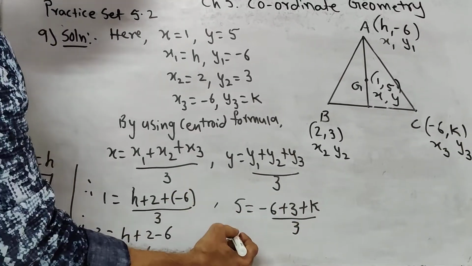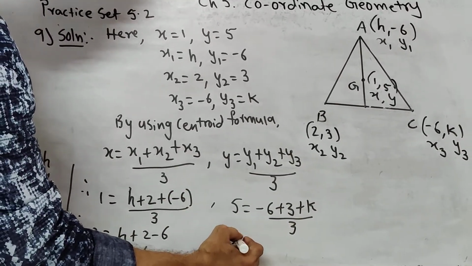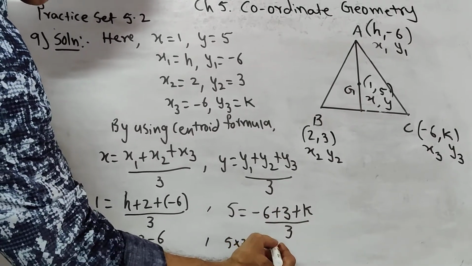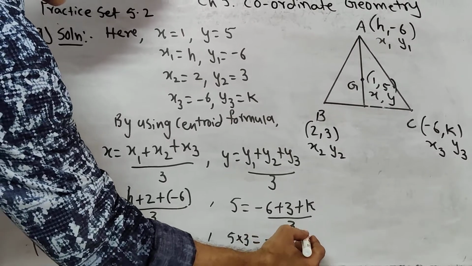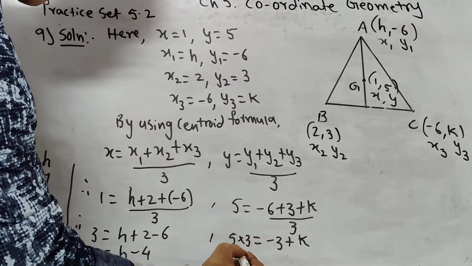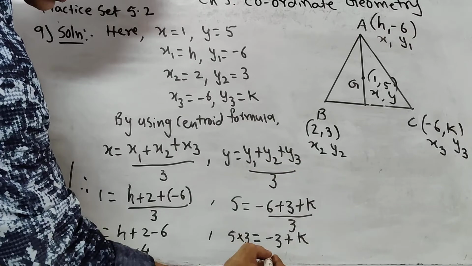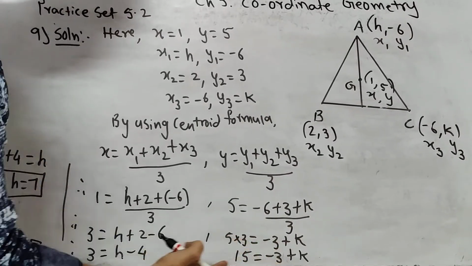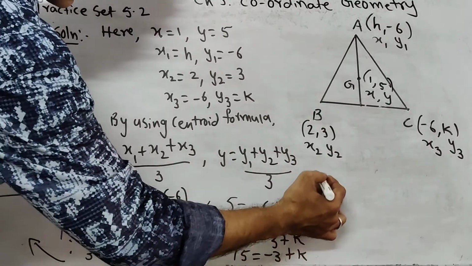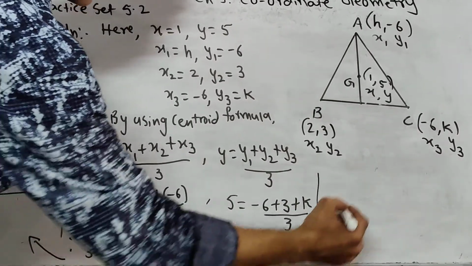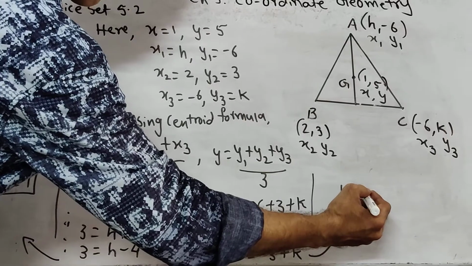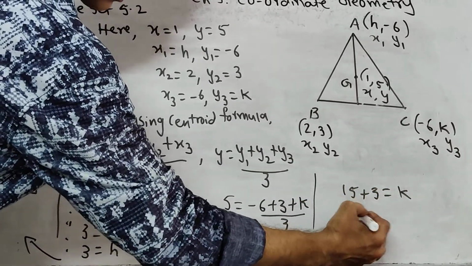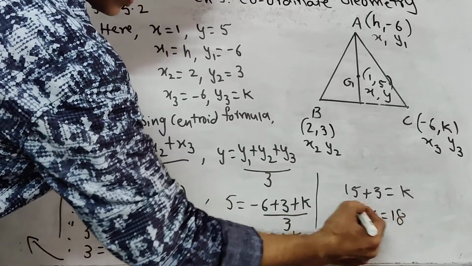It will be multiplied here. 5 into 3 is equal to minus 6 plus 3 will be minus 3 plus k. 3 5s are 15. 15 is equal to minus 3 plus k. Minus 3 will come here, becomes plus. Please continue here. 15 plus 3 is equal to k, and therefore k is equal to 18.